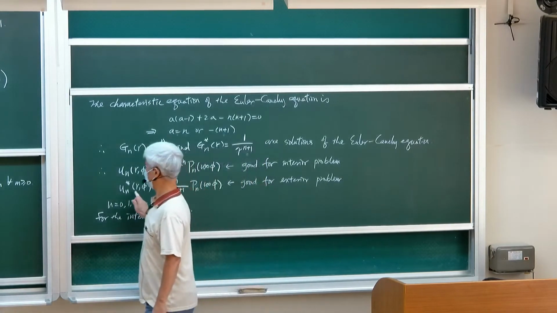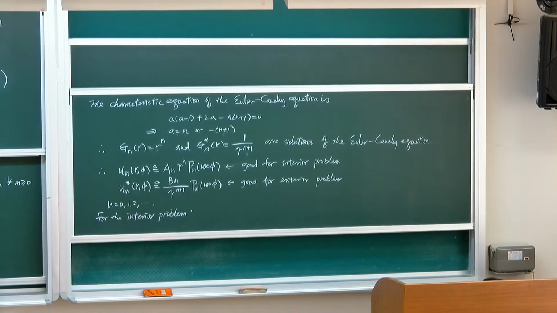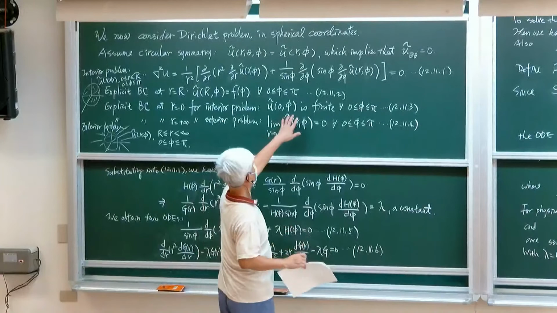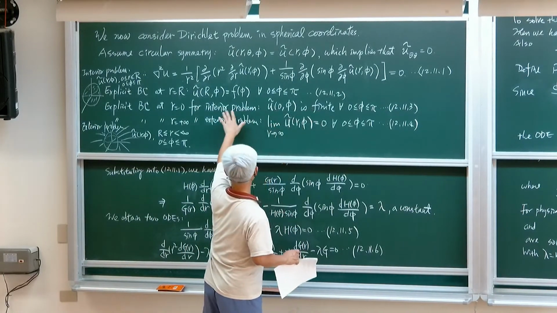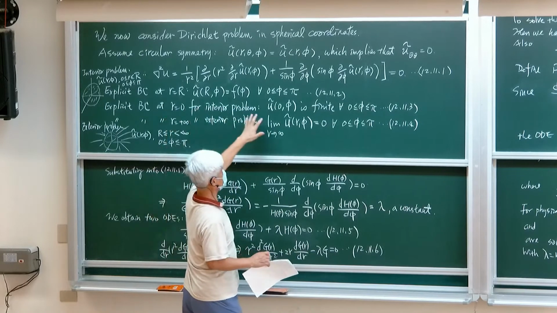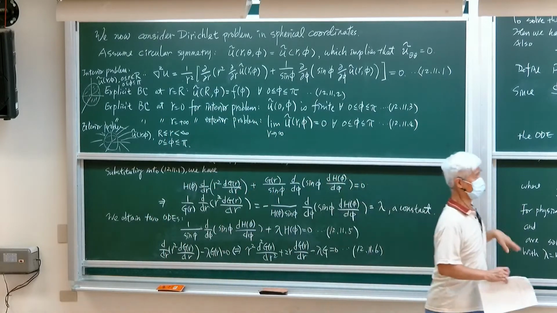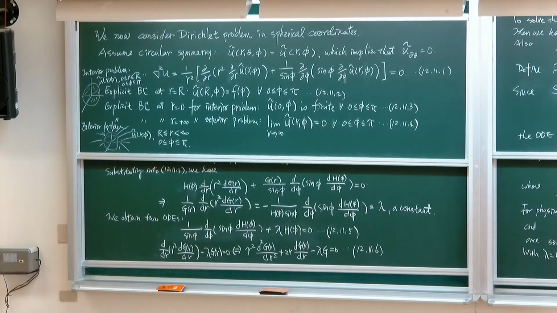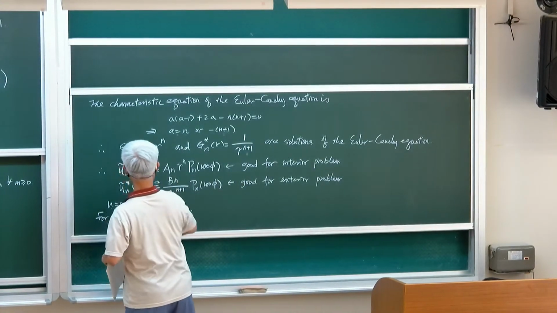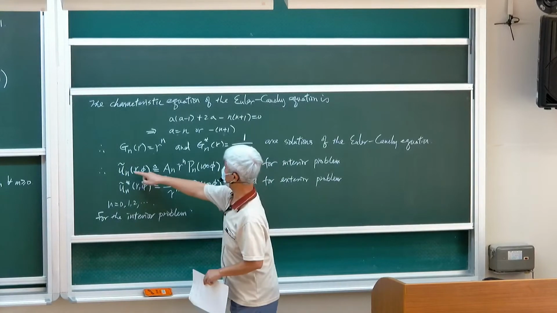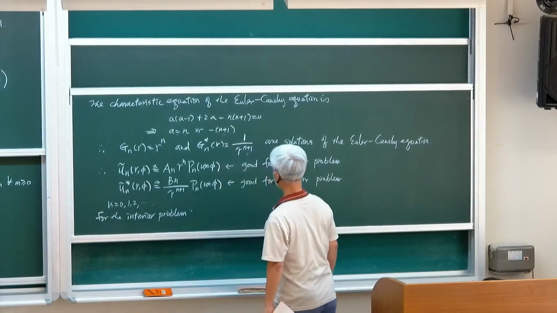So this cannot fulfill the boundary condition at r equal to 0, because we want the u function to be bounded. Oh, by the way, I forgot, sorry, I've got to put the tilde.